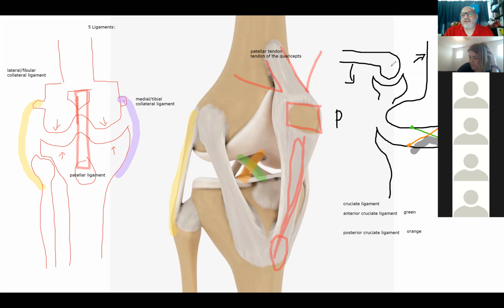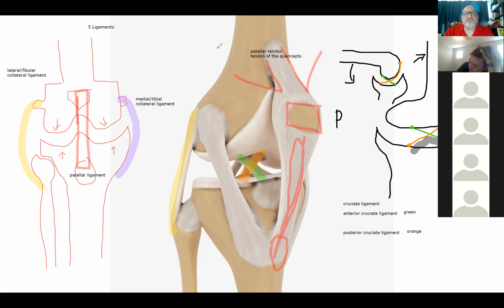Now, if you think about it, when we flex the knee, if you think about the way the two ligaments are located, notice in this case, our green ligament, the two ends would actually be brought closer together. So is there going to be a lot of tension in the anterior cruciate ligament when the knee is flexed? No. But notice our posterior cruciate ligament is extended much more out.